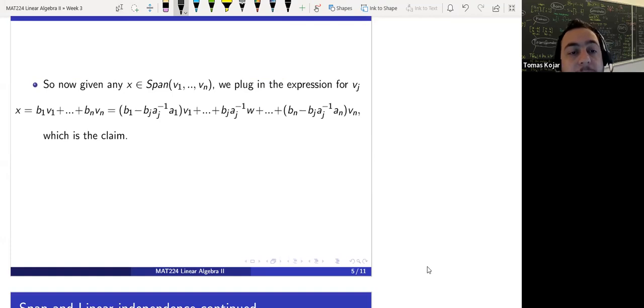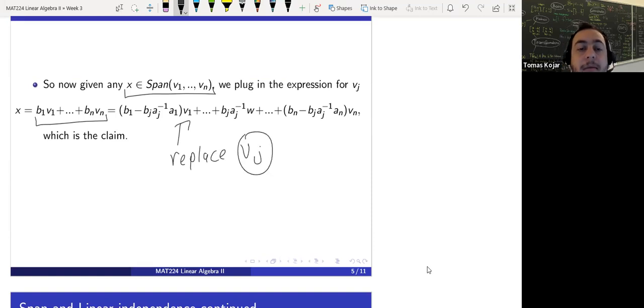Now if you give me any X in the span, you have your linear combination and then you replace Vj. So I replace the Vj by the W. That was the trick. That just changes the coefficient.